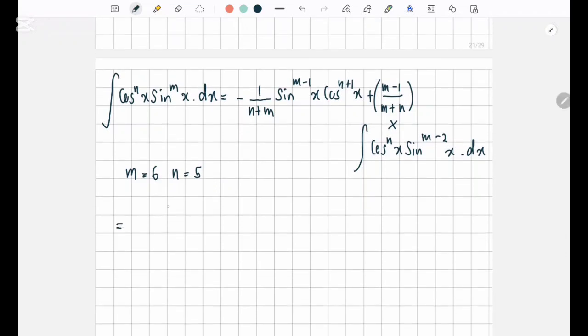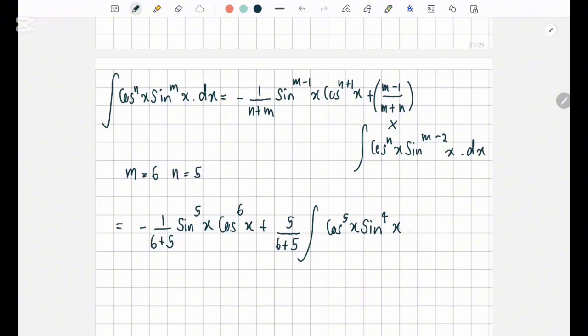So we'll have minus 1 over 6 plus 5 into sine m minus 1 is 5 and cos n plus 1, that's 6, plus m minus 1, which is 5 over m plus n, which is 6 plus 5, the integration of cos x to the power 5 sine x to the power 4.